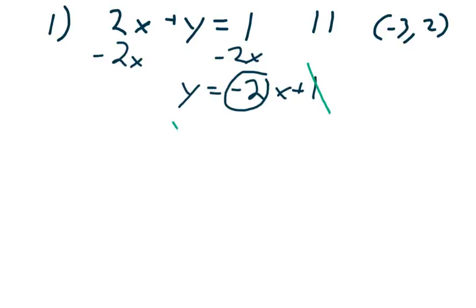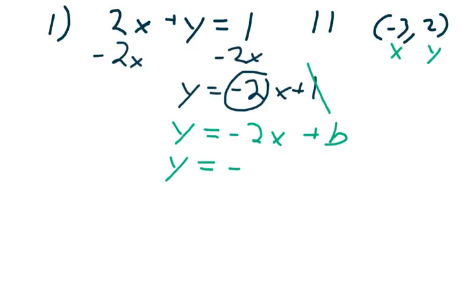Since we're talking about parallel, we're going to use the same slope, so I'm going to write down y equals negative 2x plus b. At this point, I'm going to put this in for x and this into y to find out what my new b actually is.